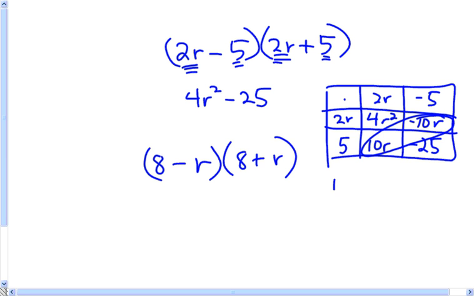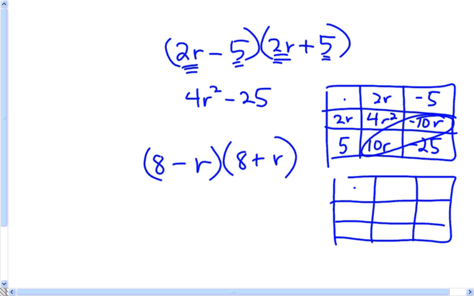We put that in the table, and we do minus r, plus r, and we multiply that 64. Notice again, this is negative 8r, this is positive 8r, and those two added together are going to be 0, so we end up with just 64 minus r squared.